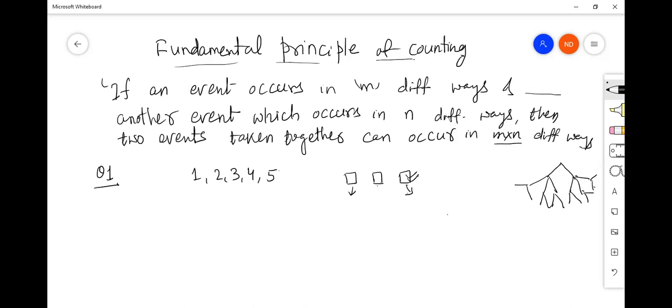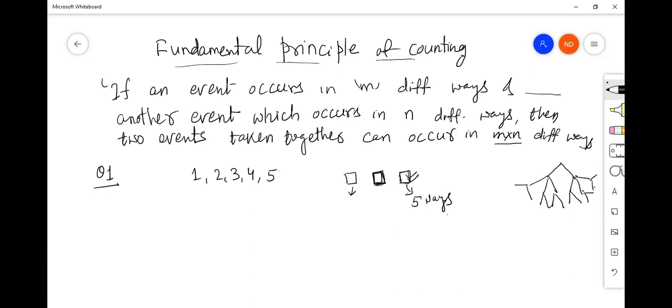So any one of the five digits can be placed in units place, that is five different ways. And when you place one of these five digits here, you are left with four digits.